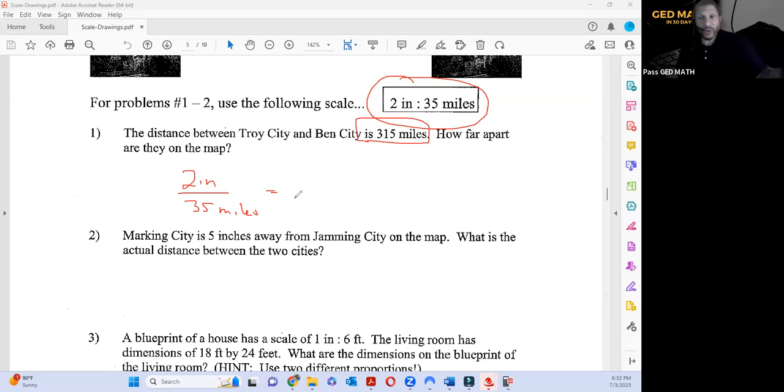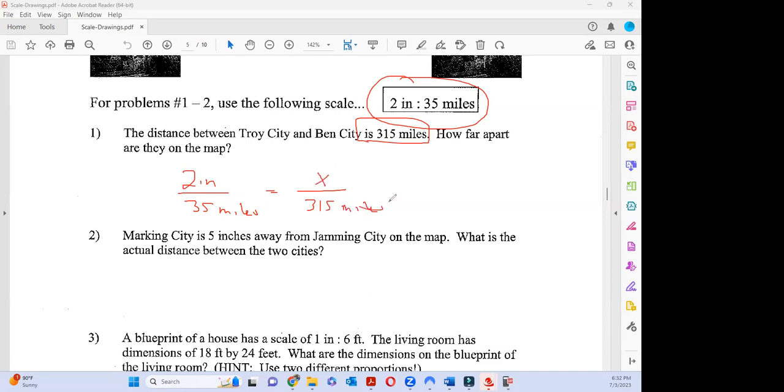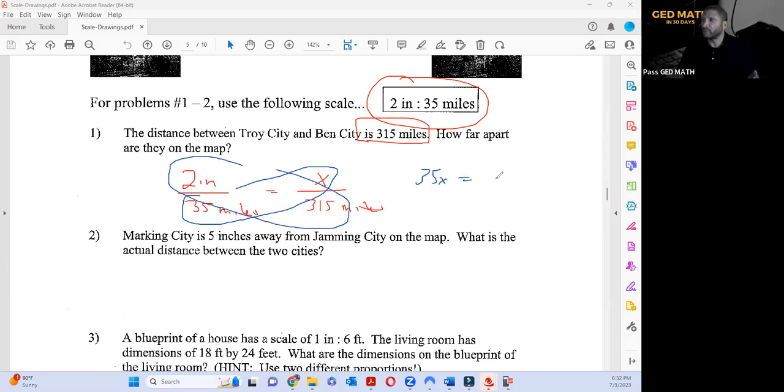Whatever we have on one side of the equal, we want to have on the other side. Since miles is on the bottom on the left side, we want miles on the bottom on the right side. That is our unknown. So to solve a proportion, you cross multiply. 35x equals 630.